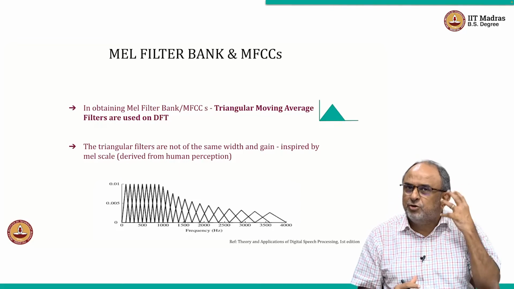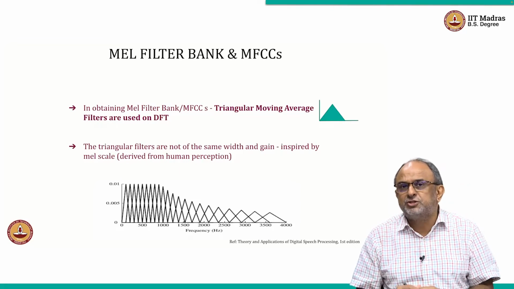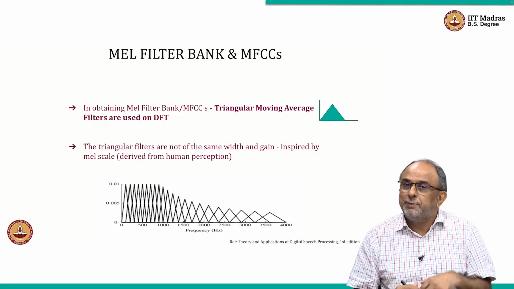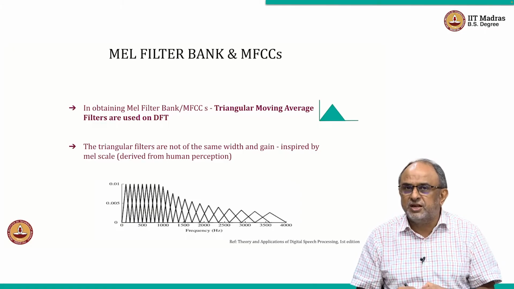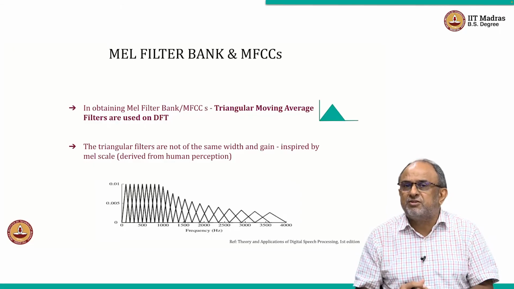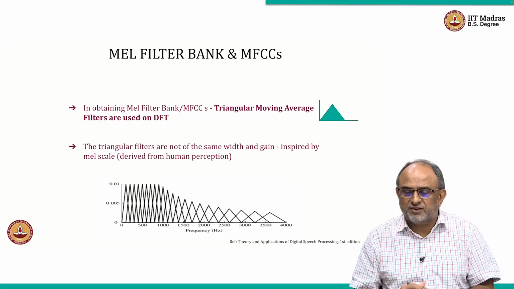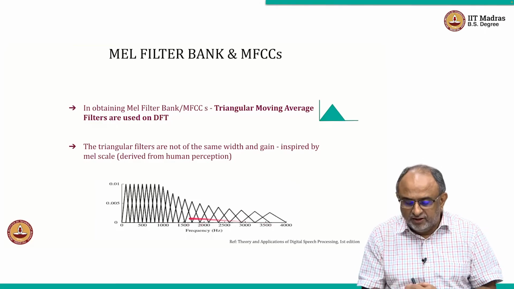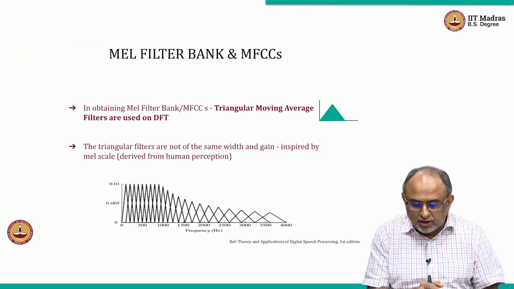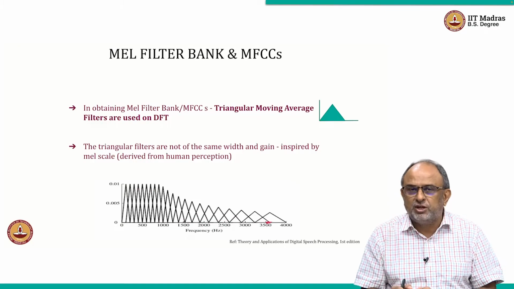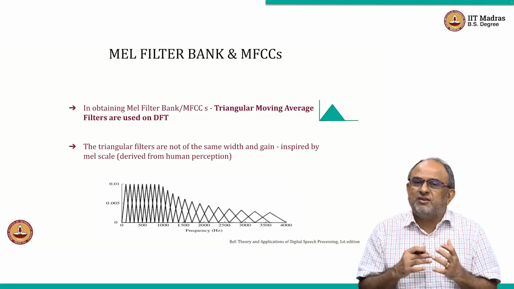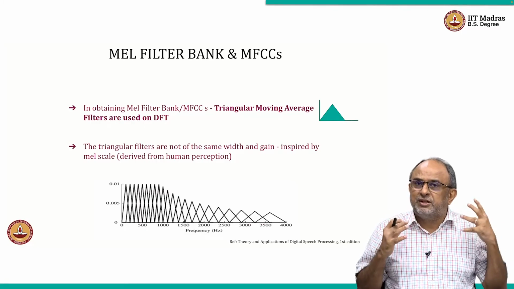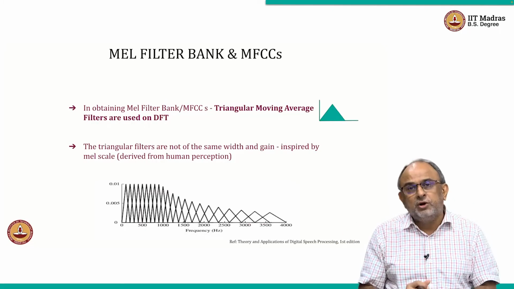This constant Q is often used in many human sensory aspects of processing, and nature seems to prefer that to a big extent. That is why it looks funny the way the filters are drawn here. They are not uniformly spaced, neither do they have uniform bandwidth. The reason is we are always trying to mimic the ear, and the ear operates only in the Mel domain.